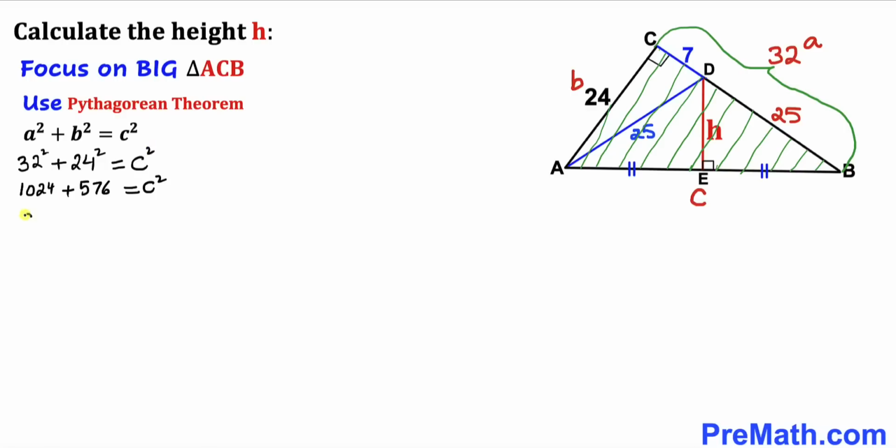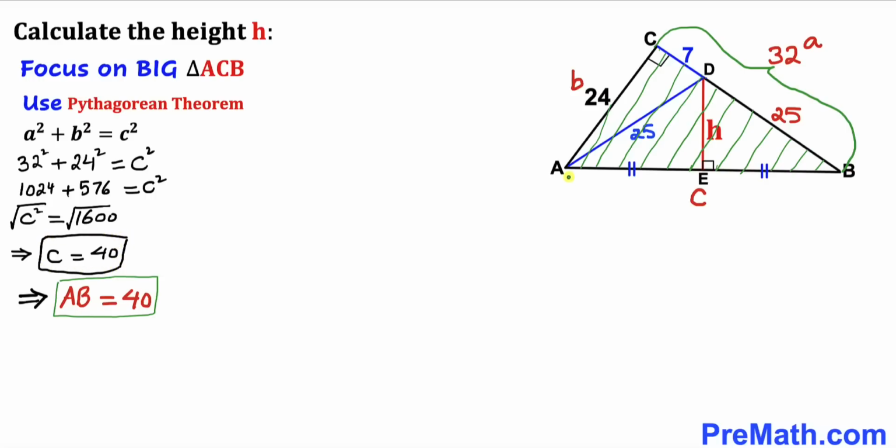So therefore our c square value is going to be 1600. Let's go ahead and undo this square by taking the square root on this side as well. So we are going to have c equal to positive 40. Once again we are going to take the positive value since we are dealing with the side lengths.